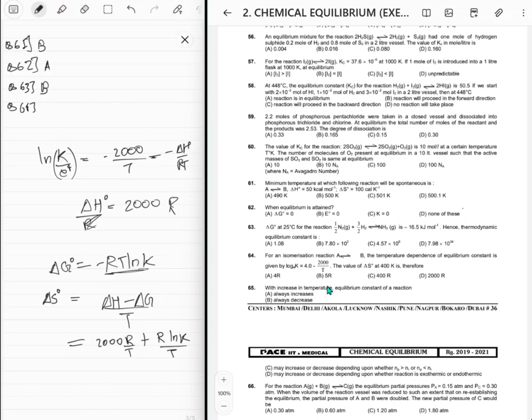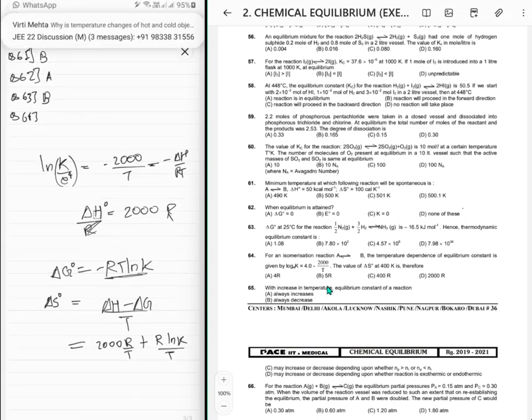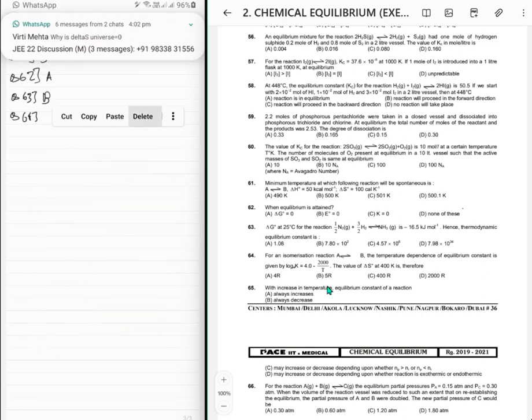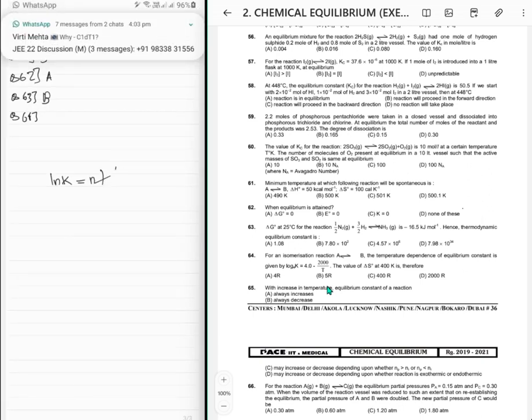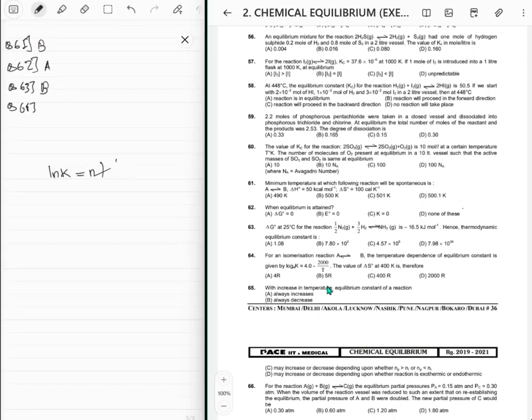It's just natural log K is some factor natural log A. Natural log K is natural log A minus delta H upon RT.